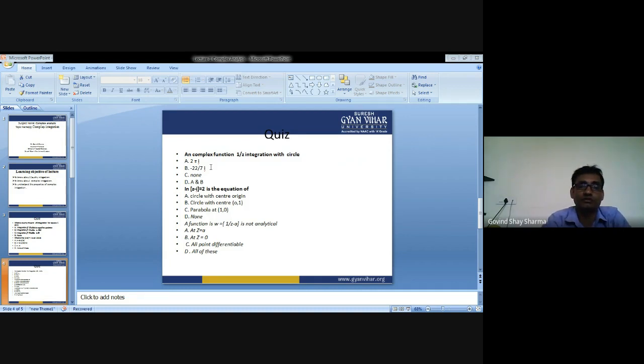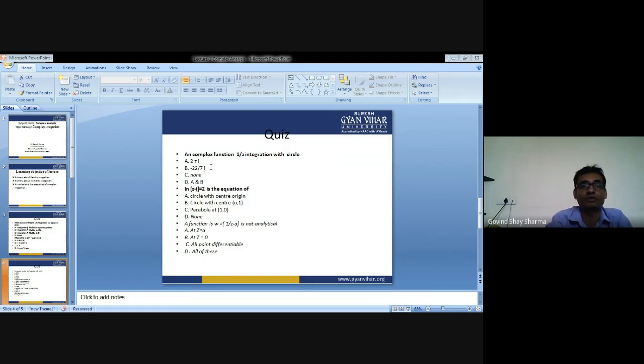We can write z as x + iy. Then z − i, taking i common, gives x + i(y − 1), so |x + i(y − 1)| = 2. Removing the modulus, we get x² + (y − 1)² = 2². So this is a circle on the y axis with center (0, 1).